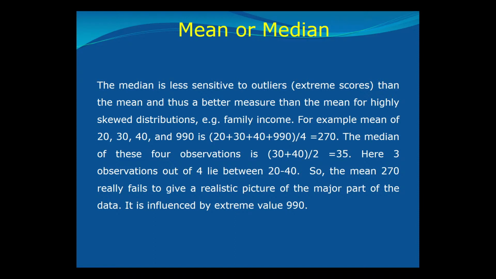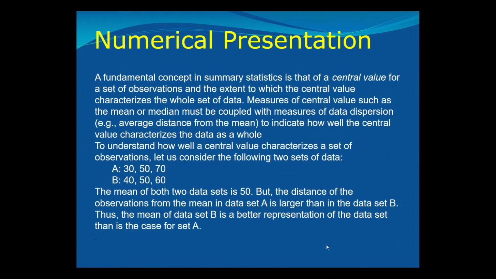It is influenced by the extreme value 1,000. So in this example or similar examples, you should use the median, not the mean, if in the data set there are some extreme values which vary a lot from the other observations.